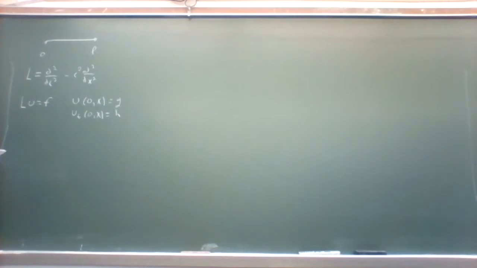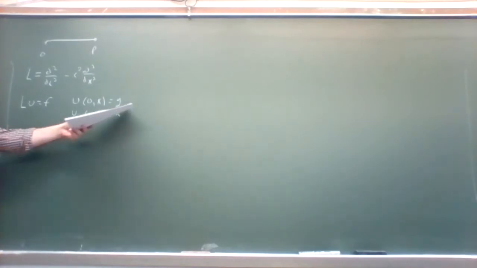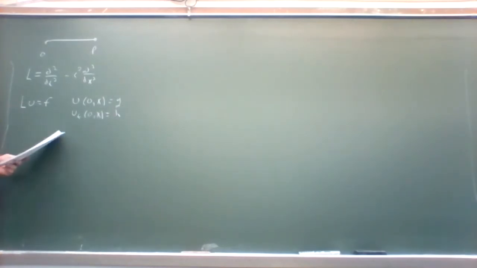And finally, we learned about Duhamel's principle and the idea of convolution, and that allowed us to solve the problem that says, if you're on the entire real line and your initial conditions are 0 and you have LU equals F, then you can solve that problem using the domain of dependence formula, or simply convolving F with the fundamental solution to the wave equation.